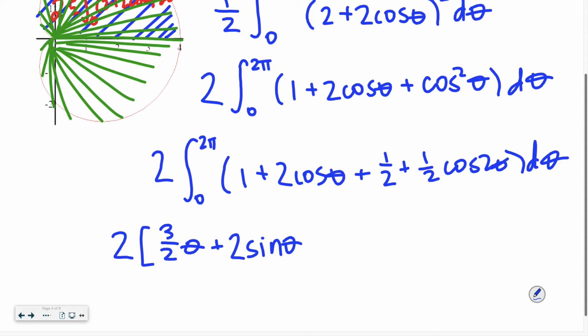And then 1/2 cosine of 2 theta has an antiderivative of 1/4 sine 2 theta, from 0 to 2 pi.